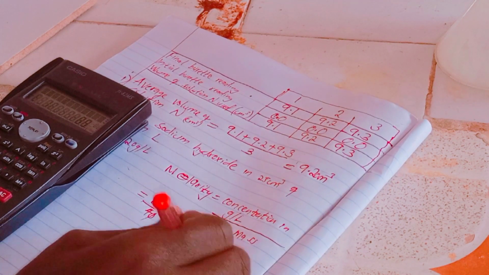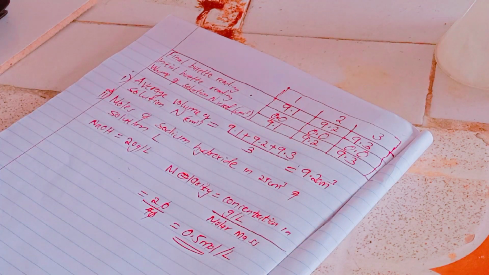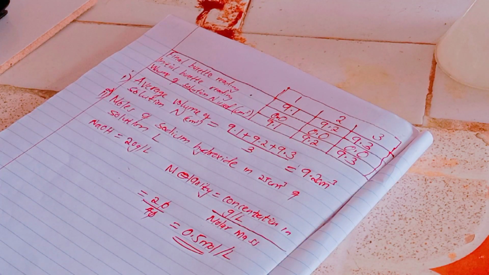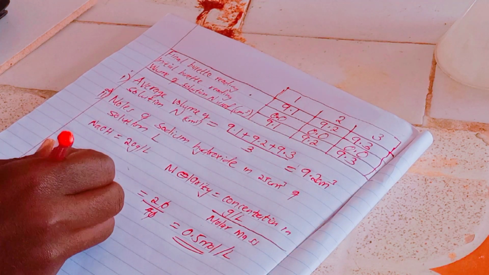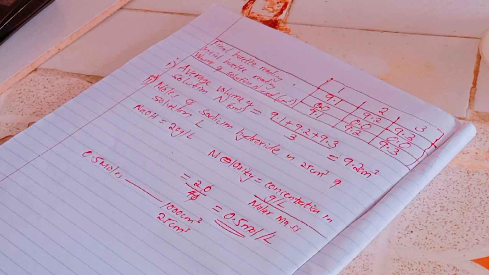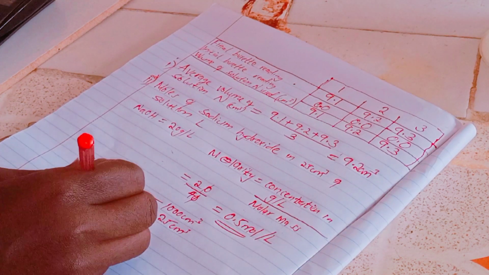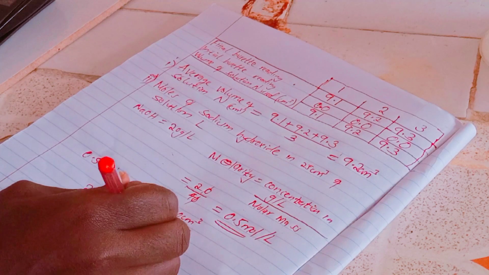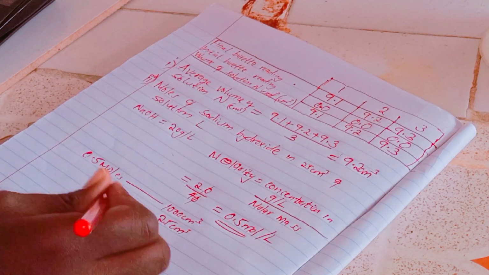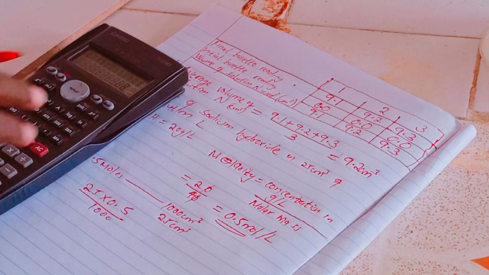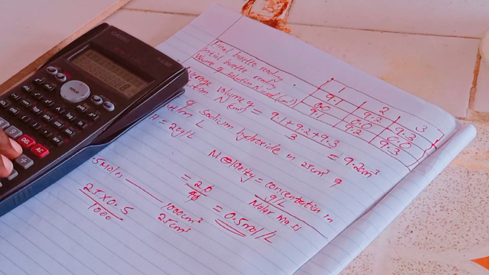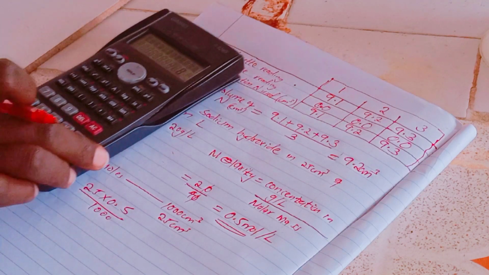So if you have the molarity, then you are able to calculate the number of moles in 25. How do you do that? You say this 0.5 moles is in 1000 cubic centimeters, what about 25? That will give you the number of moles in 25.